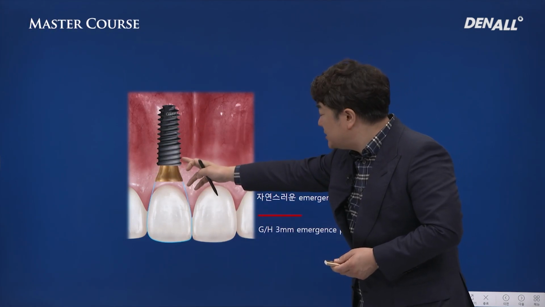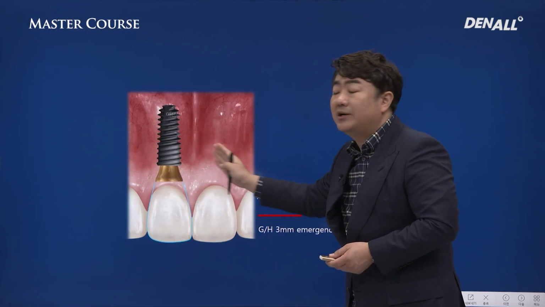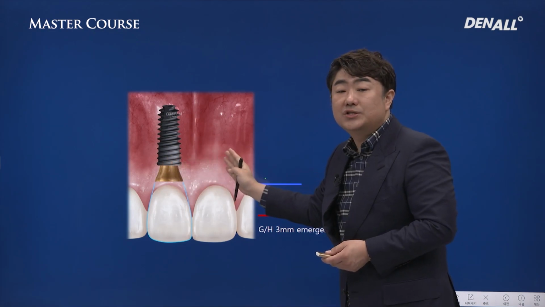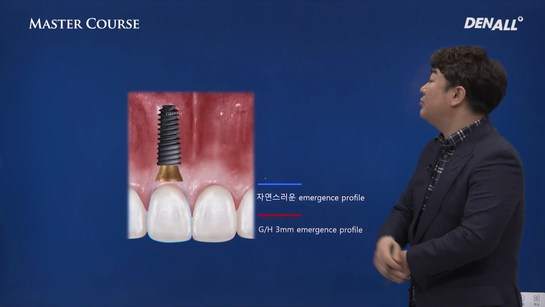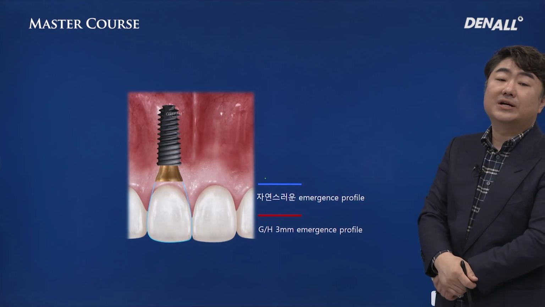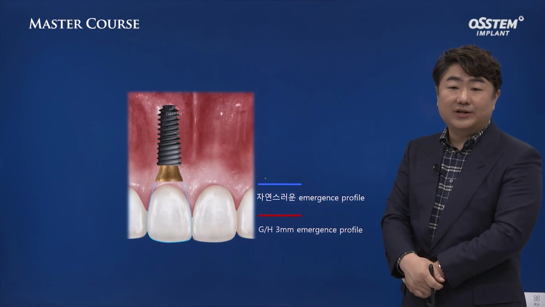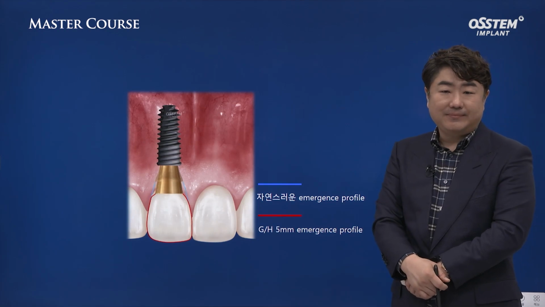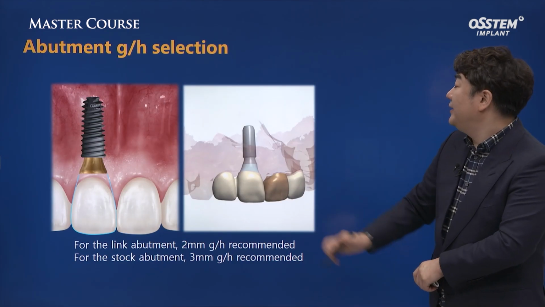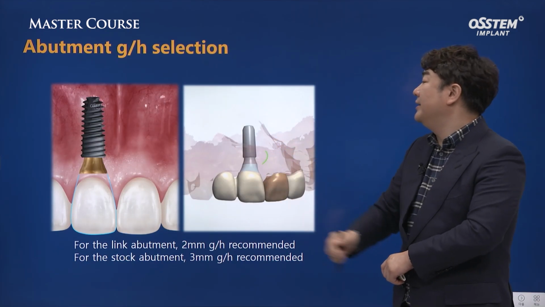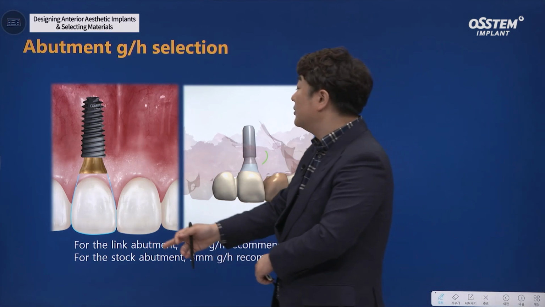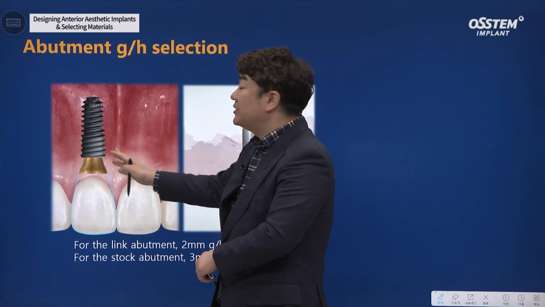In the C area, we may infringe upon the principle where we need to avoid pressure on the adjacent tissue. The stock abutment needs to have about 3 millimeters of cuff height in order to provide a more biologically favorable result. Link abutment, 2 millimeters of cuff height is recommended, and for a stock abutment, 3 millimeters is recommended.